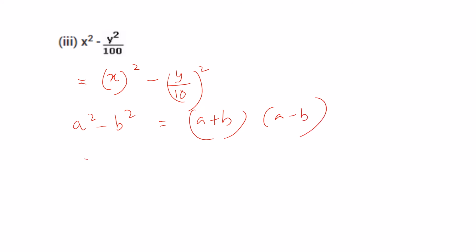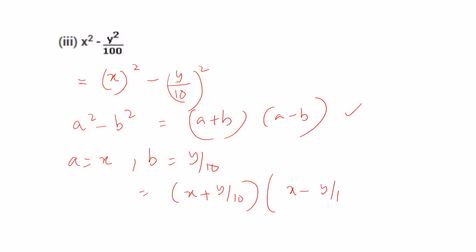In place of a we have x, and in place of b we have y by 10. So just write according to the identity, which is (a plus b), that is (x plus y by 10) into (x minus y by 10).